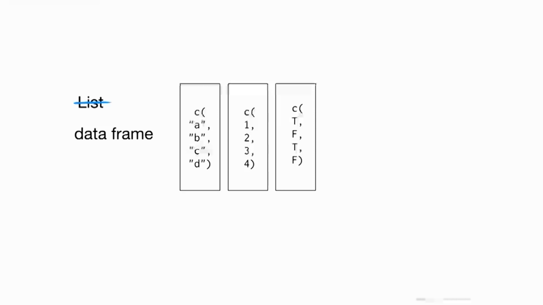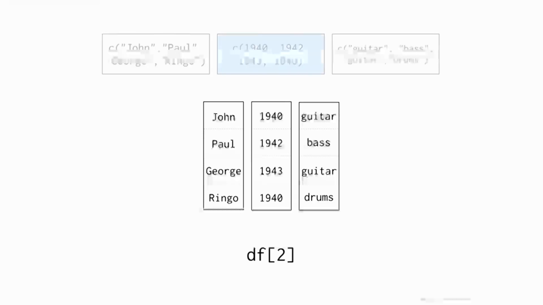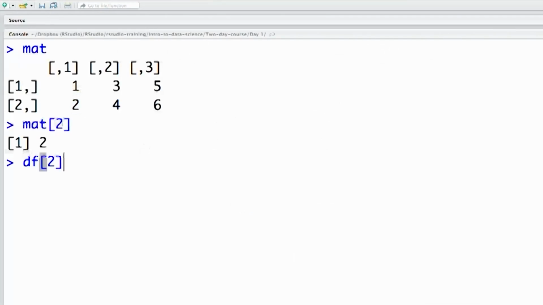So when we ask for the second element of our data frame, what we're going to get is the second element of that list, which is a vector. And what R will return is that vector of dates. So if we run this in RStudio, we can see how R does that. And there we see our second column, which is the second element of the list that the data frame is saved as at a low level.